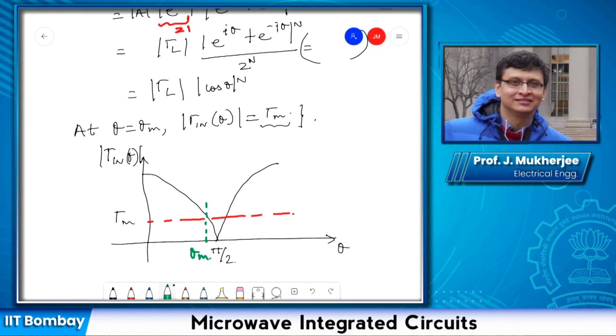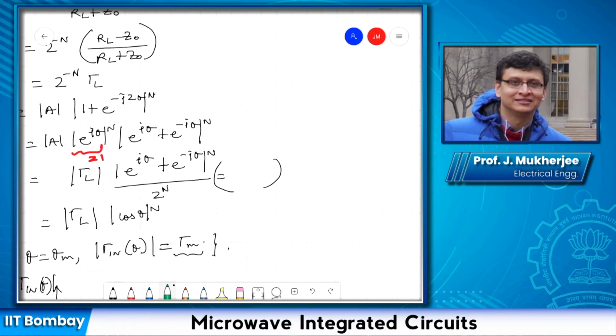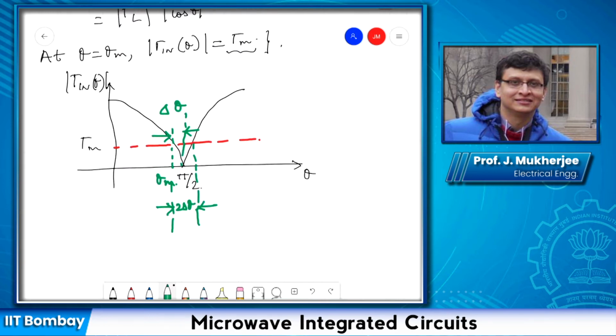So you recall, this was equal to delta theta, and my complete bandwidth was this whole range, 2 delta theta. Recall this delta theta was equal to pi by 2 minus theta m.